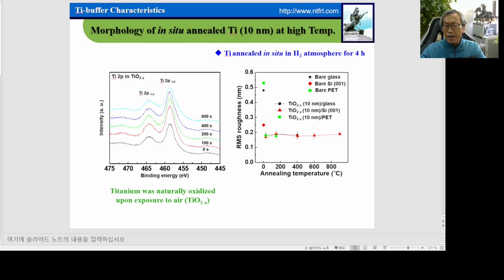As you can see, in the case of the titanium-buffered silicon substrate annealed at 900 degrees C in hydrogen atmosphere, the titanium buffer layer is very stable. From that data, we can use the titanium buffer layer for graphene growth at low and high temperature.